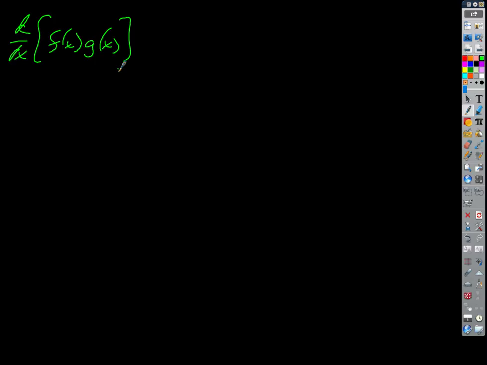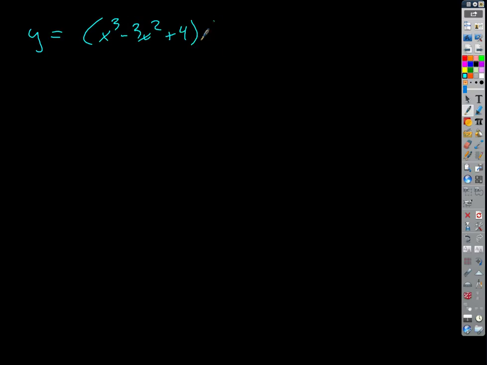Right now, if we wanted to do something like, let's say, the derivative if we had y equals the quantity x cubed minus 3x squared plus 4 times the square root of x minus x plus 3, our only way would be to expand this whole thing out and differentiate term by term, right?